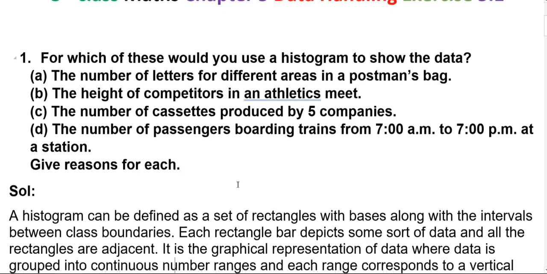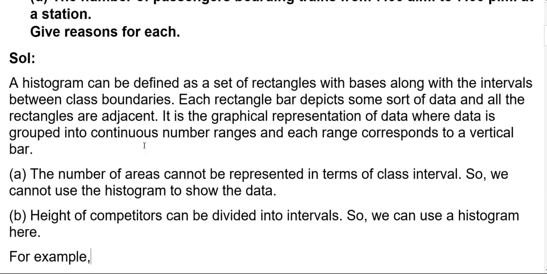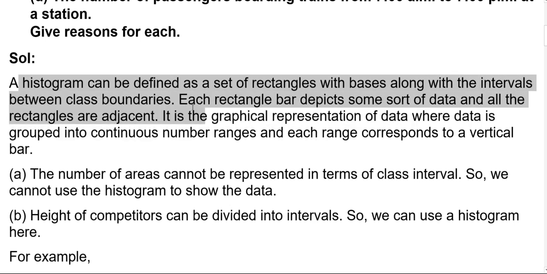Solution. A histogram can be defined as a set of rectangles with bases along the intervals between the class boundaries. Each rectangle bar depicts some data and all the rectangles are adjacent.